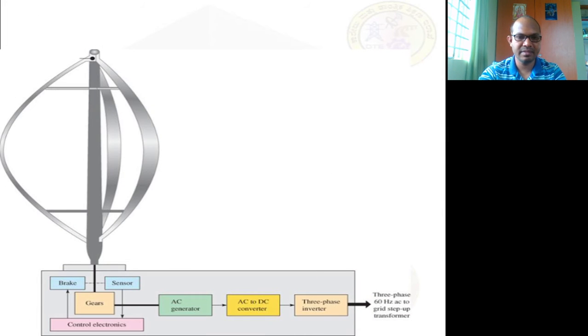Now, if you can see this, we once again have a similar system here. Control electronics or a controller will be there, but there is no need to maintain the yaw mechanism as we do in the horizontal axis turbine.